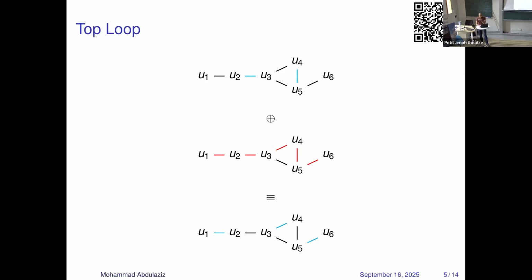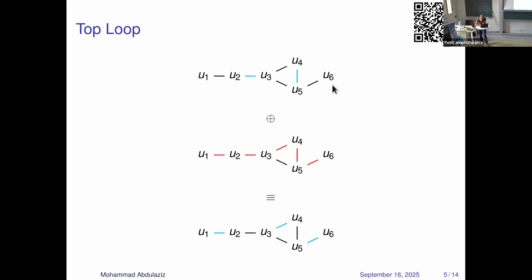As a simple example, here we have a small graph, and the two blue edges are a matching because they don't share any vertices. This path is an augmenting path in that graph for that matching. Why is that? Because the first vertex and the last vertex, 1 and U6, are both not in the matching.